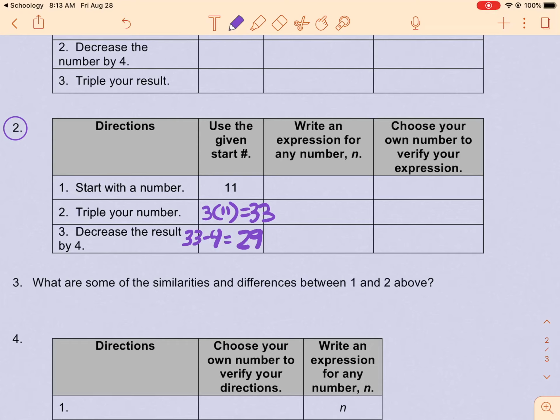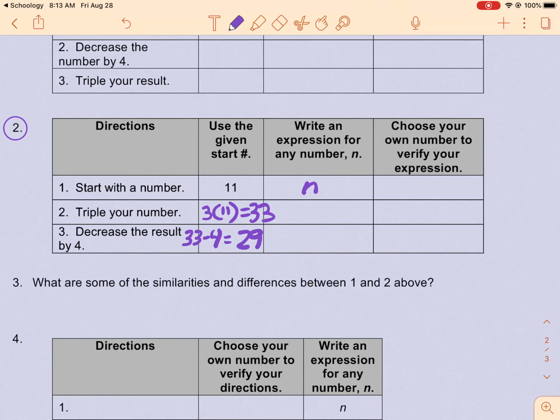Then the whole idea of this is to grab it for any number, some variable, meaning this will work for every single number that you put in. So they say let's use it as n. So start with a number n, meaning you could start with any single number and it could be put in its place. Triple your number.